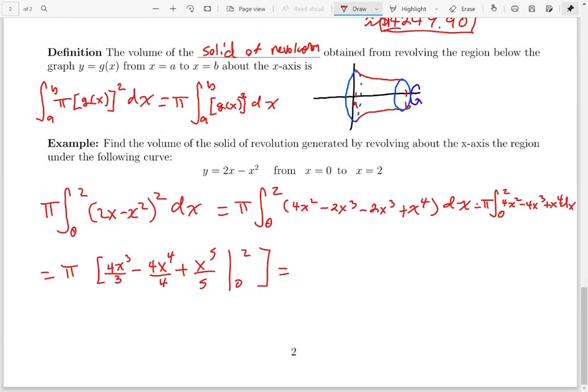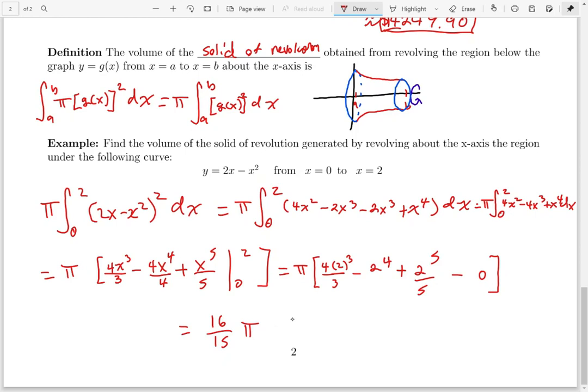So I get this is then pi times 4 times 2 cubed over 3 minus 4 divided by 4 is 1, and so that's going to be 2 to the 4th plus 2 to the 5th divided by 5 minus, but recognize that when we plug in 0, 0 cubed is 0 minus 0 plus 0, and so we subtract 0, which I get is then going to be 16/15 times pi.